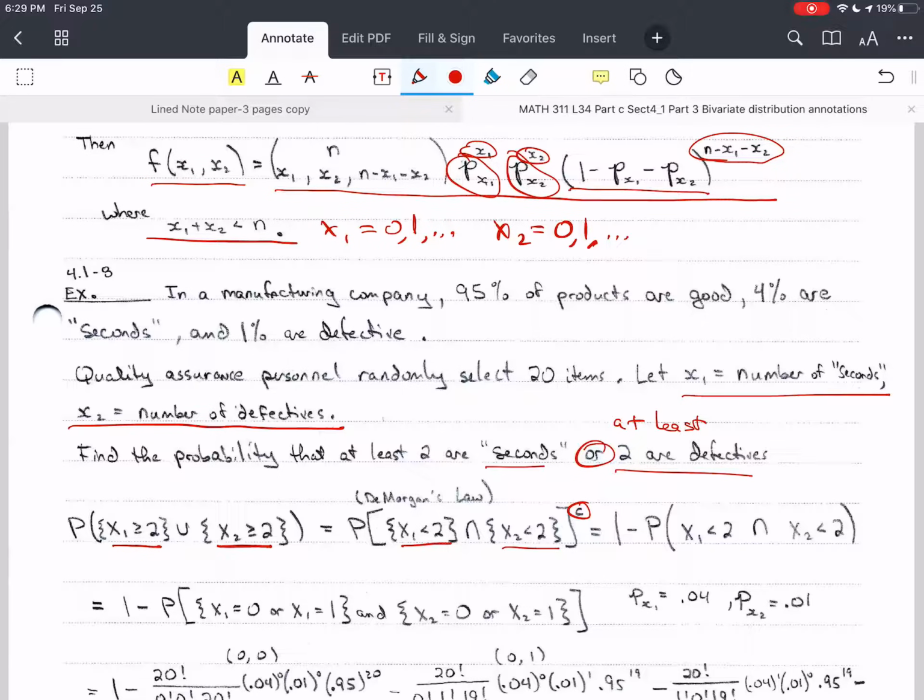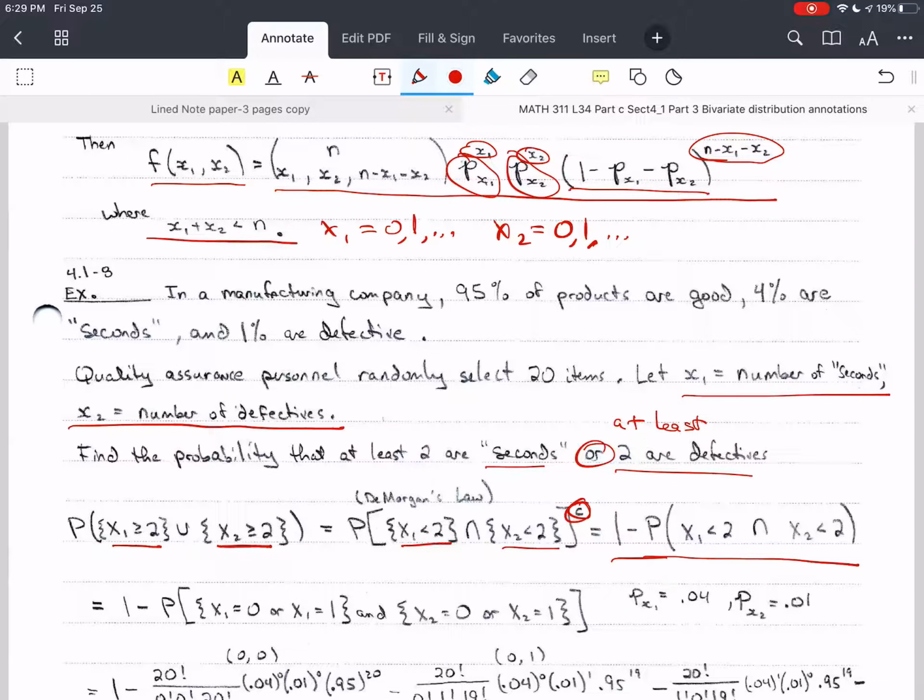So the complement of the complement is the original, and I can write it as 1 minus the probability that x1 is less than 2 and x2 is less than 2.